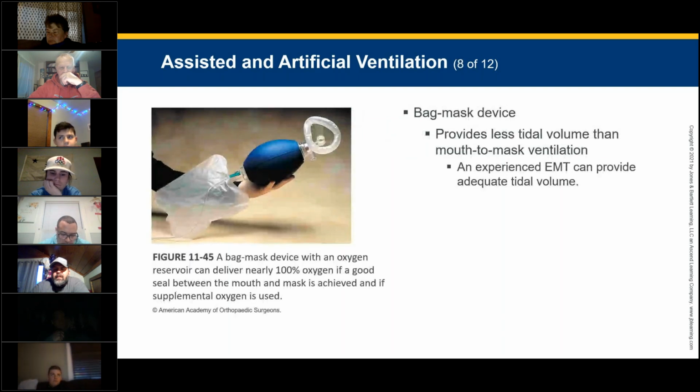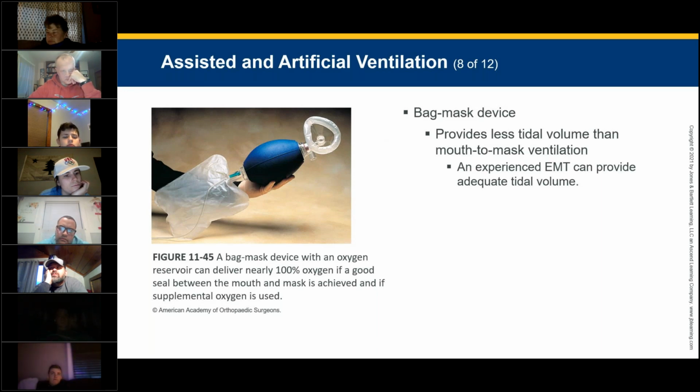Bag mask device. It provides less tidal volume than mouth-to-mask ventilation, but delivers a much higher concentration of oxygen with a flow rate of 15 liters per minute and an adequate mask-to-face seal. Some of the components: it has a disposable self-inflating bag, no pop-off valve, or if one is present, the capability of disabling the pop-off valve.